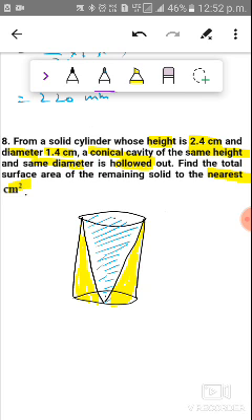So first of all, let us write down the key points here. The height of the cylinder is given as 24 centimeter. Then the diameter of the cylinder is given as 1.4 centimeter.